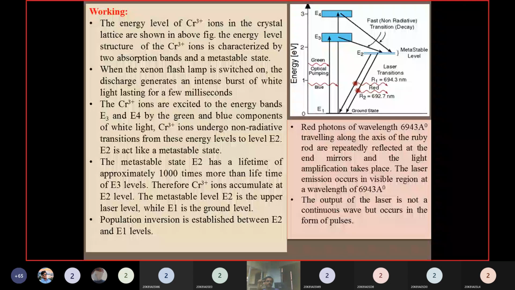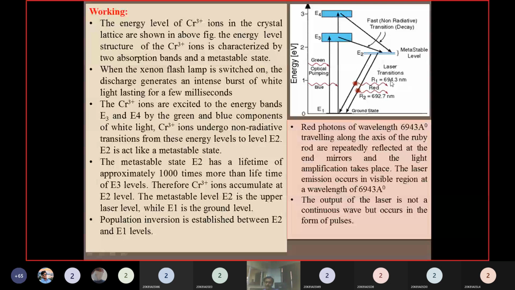That's why two different reds are emitted: 694.3 nanometers and 692.7 nanometers. In angstroms, that is 6943 angstroms.